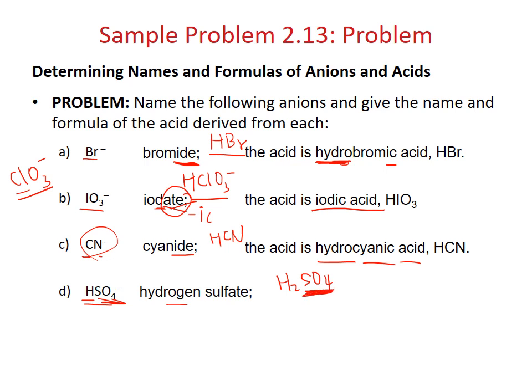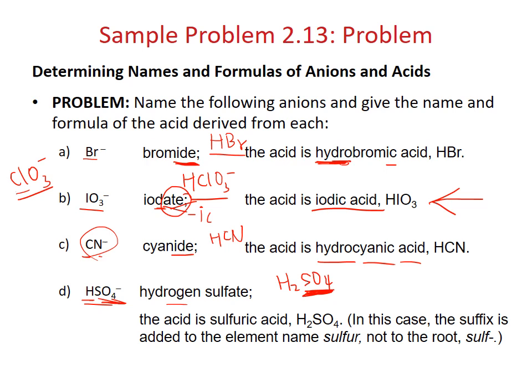For oxo acids, the rule is you change ATE to ic, so the name is sulfuric acid, because this is sulfate, ATE becomes ic, and do not add hydro. So hydro is for binary acids, cyanide also, but not for oxo acids.